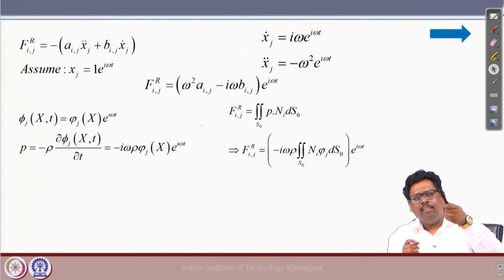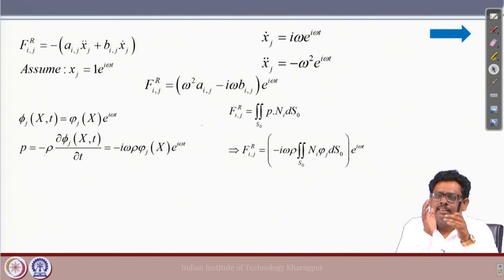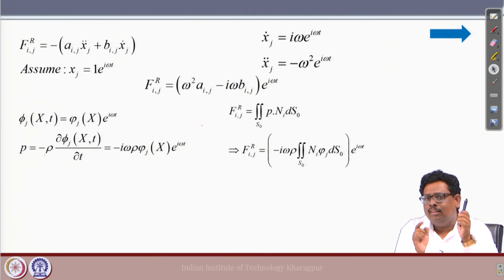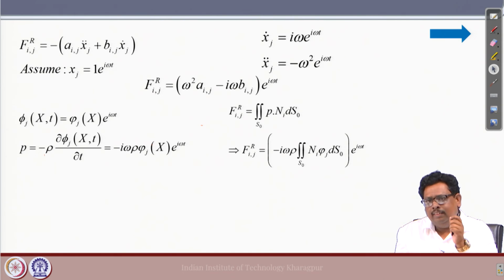So, let us take that I am oscillating the body in the pitch. Therefore, I have to solve this equation for phi 5, and I get the solution for phi 5. But then if I need to find the force along the heave mode, then the normal has to be n 3. Therefore, I am getting f_35.